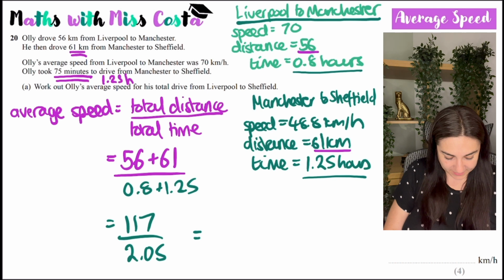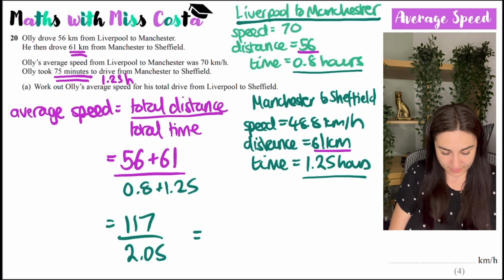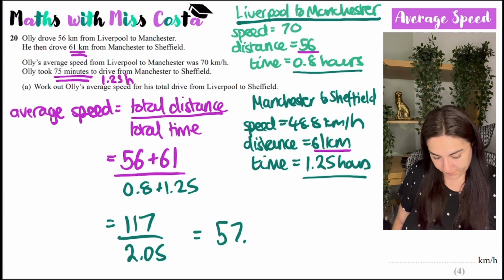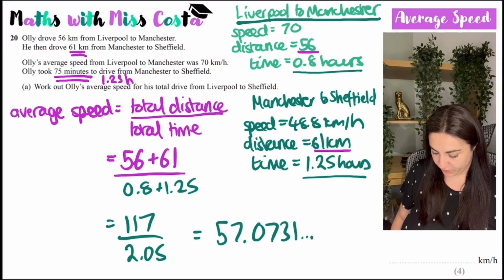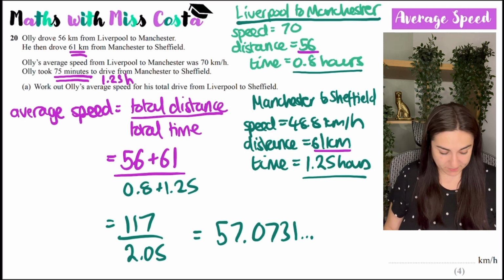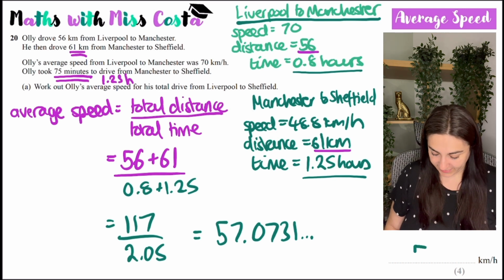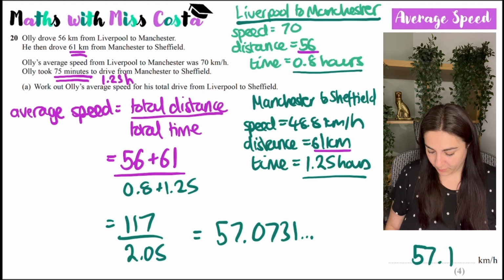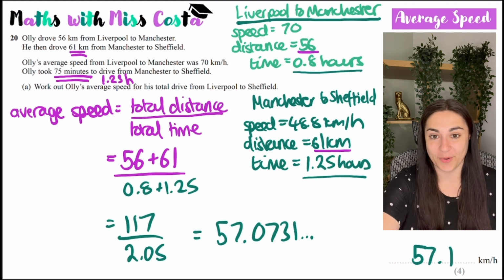So I just type that into my calculator. 117 divided by 2.05 gives me 57.0731, which it doesn't say how to round, but I would probably round it to 1 decimal place. So 57.1 kilometers per hour.